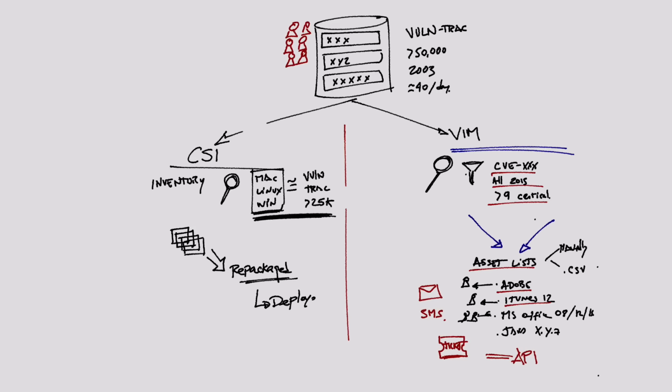How do they deploy? Through System Center, and let's keep it there so we don't make it more complicated. So here you can see that you have actual remediation, and that's key. With VIM, we are driving the remediation thanks to the ticketing system, and with CSI, we are actually mitigating or remediating.